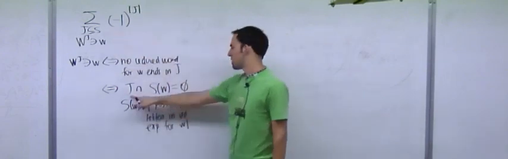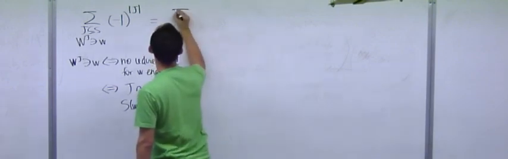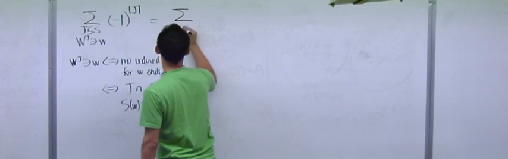Basically, the J's which are disjoint with S of W, and that means basically the J's that are contained in the complement of S of W. S of W complement.